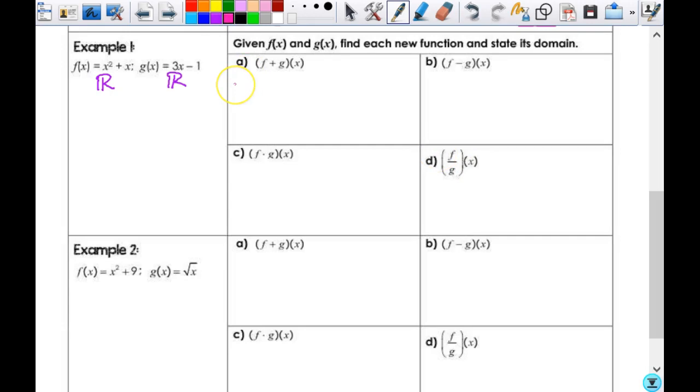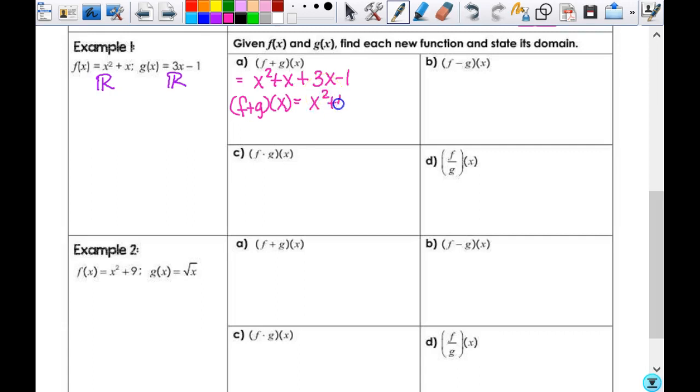I want f plus g of x. So that means I just take f of x, which is x squared plus x, and add it to g of x, which is 3x minus 1. And then I just simplify. So f plus g of x is equal to x squared, then what?